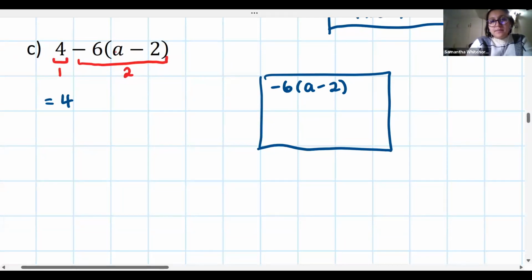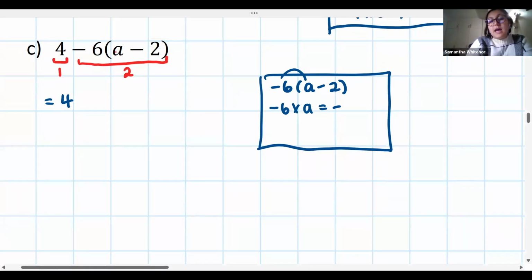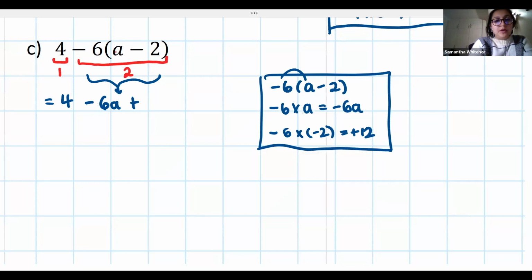So first thing, -6 times a positive, a negative times a positive is a negative. And 6 times a, -6a. So from the second term, I'm distributing to get -6a, and then -6 times -2, positive 12. So that second term, I simplify.